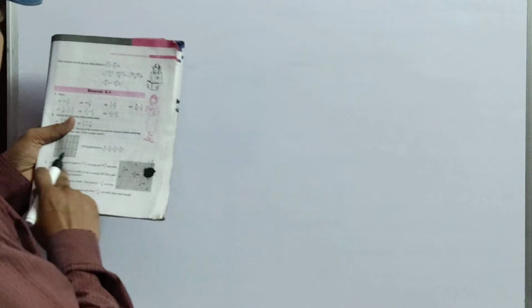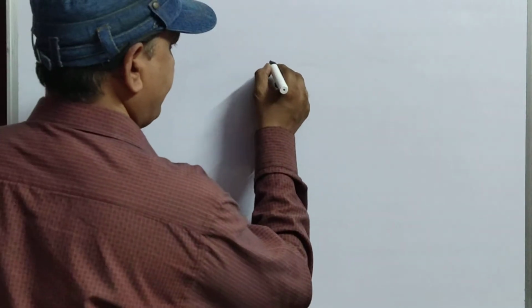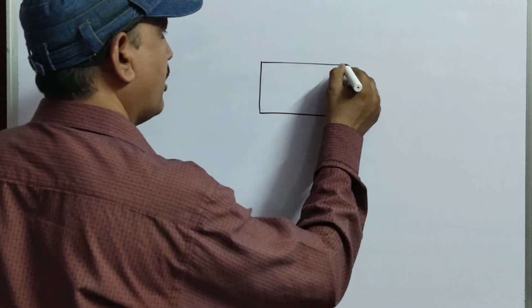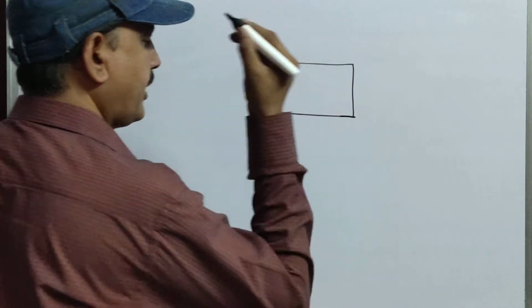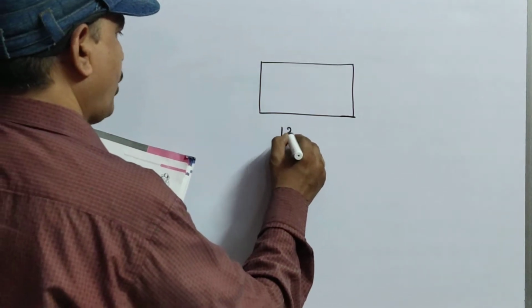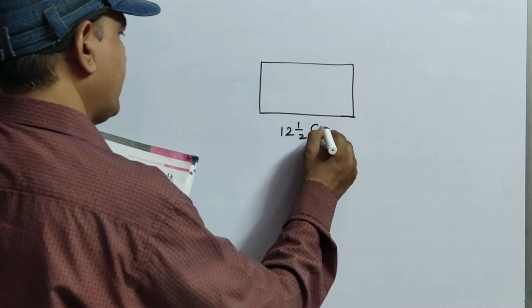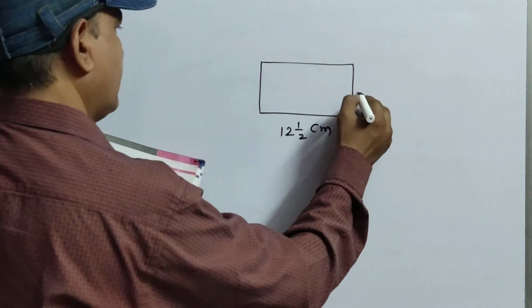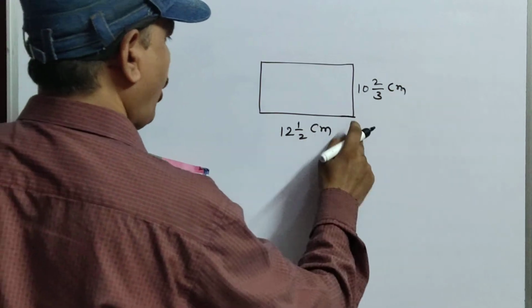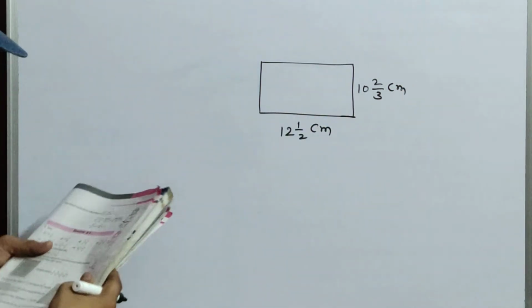Here, a rectangular sheet of paper is given. For understanding purpose, just draw a rectangle. The length is given, that is long, 12 1/2 centimeters, and 10 2/3 centimeters. Long means length, wide means breadth.